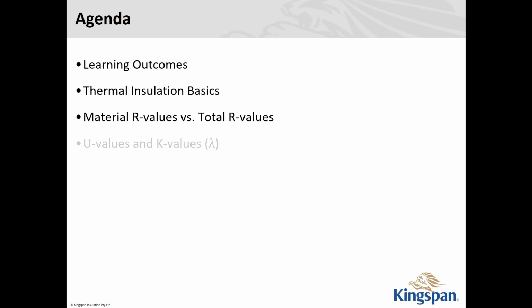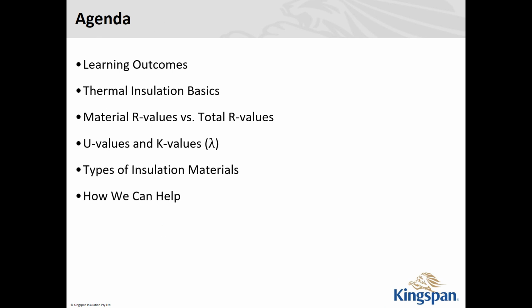Just jump into it. There are some learning outcomes: thermal insulation basics, material R values versus total R values, and U values and K values. Everything virtually has a K value, which stands for the conductance of heat passage through a material, which we'll talk about as we go on.